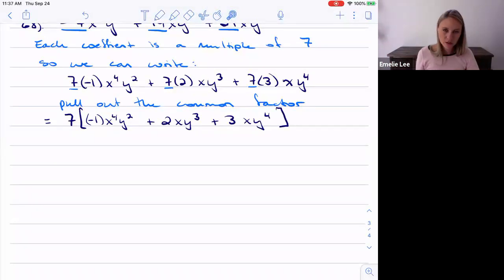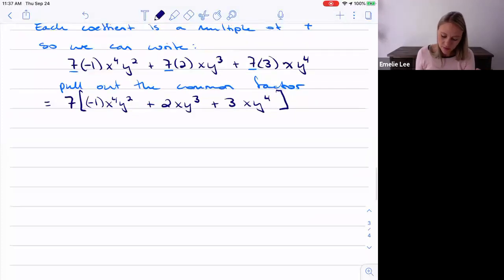And just as a quick check-in, I want to make sure that nothing has changed. Just by pulling out this 7, I want to be able to put it back in and multiply it through here. The distributive property says I have to distribute the 7 onto each of these terms, and then I would be back to where I started. So that's a good thing. That's what I want.